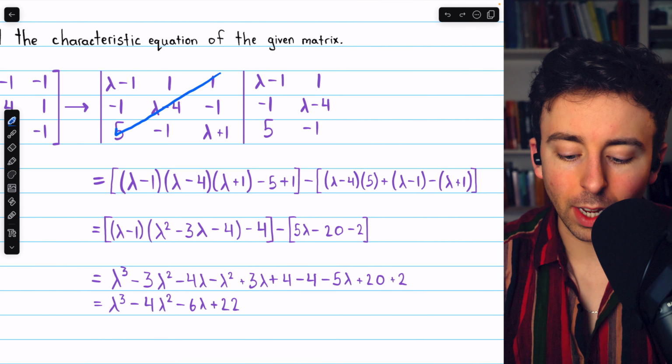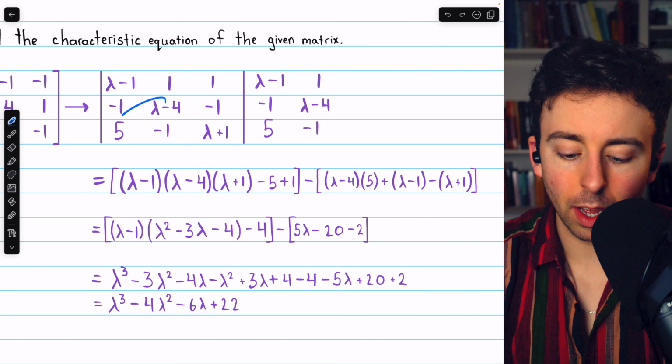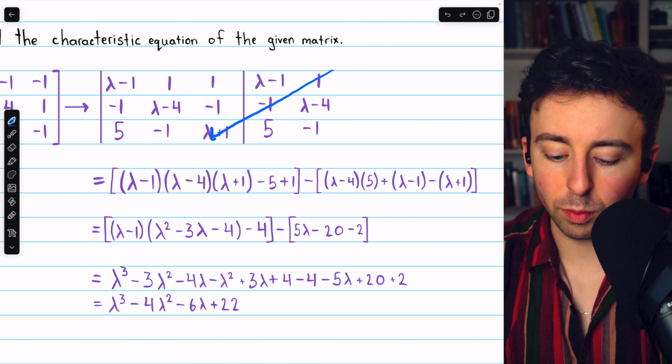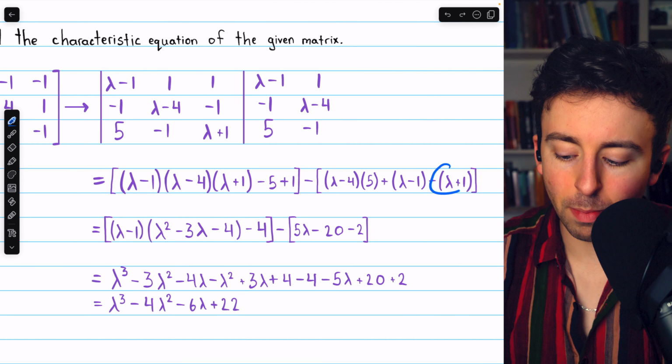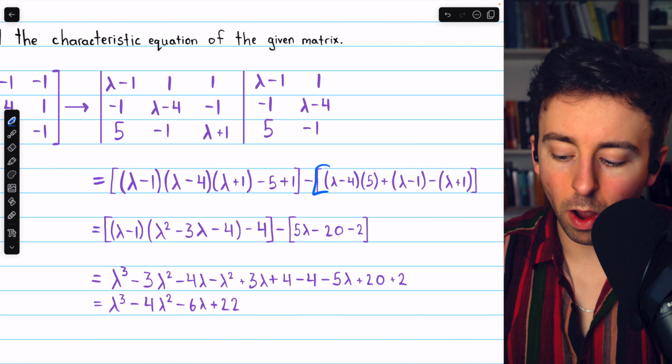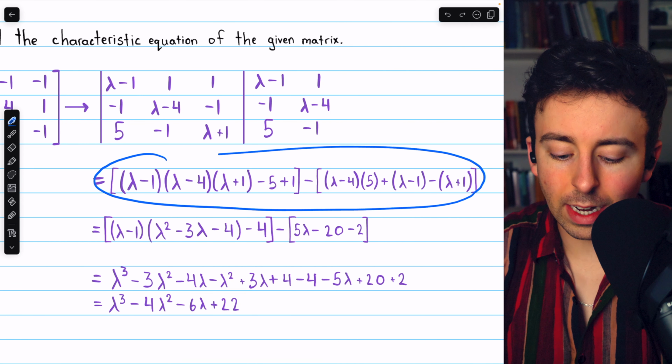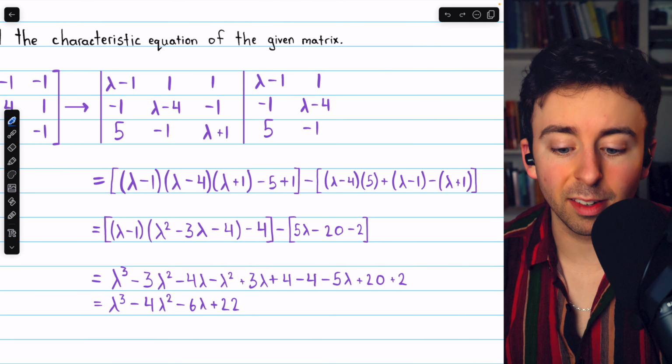The first leftward diagonal is lambda minus 4 times 5, which we see there. The next diagonal ends up just being lambda minus 1. And then we have 1 times -1 times lambda plus 1, so that's minus lambda plus 1. So all of this is being subtracted. So that's our determinant.